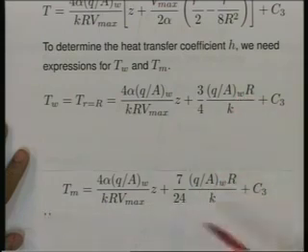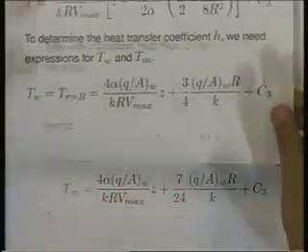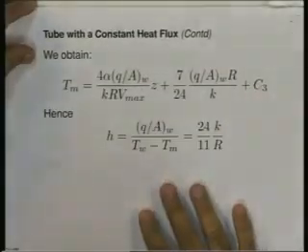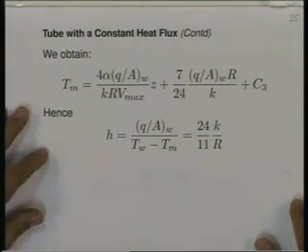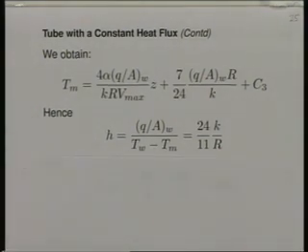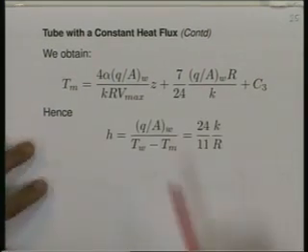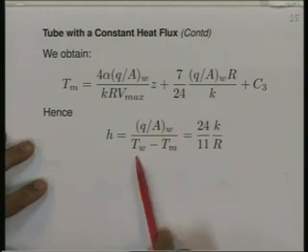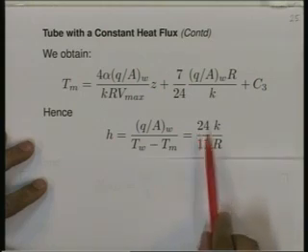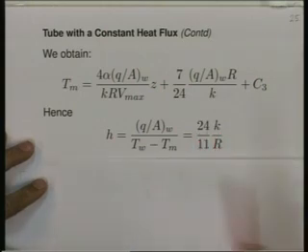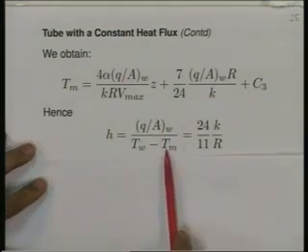So, when you subtract from the wall temperature the mean temperature, we will get an expression which we substitute in the heat transfer coefficient definition to get the heat transfer coefficient, which is by definition the heat flux at the wall divided by wall temperature minus the mean temperature, to be equal to 24 k by 11 R. Notice that there is no effect of Z. C3 also drops out from Tw minus Tm.